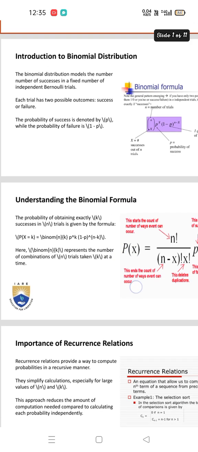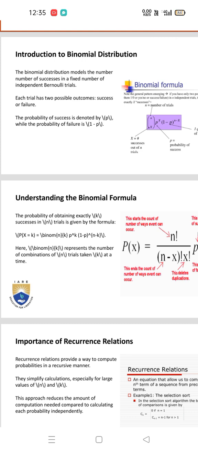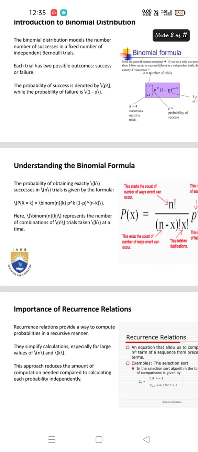Understanding the binomial formula, the probability of obtaining exactly k successes in n trials is given by P(X = k) = (n choose k) p^k (1 minus p)^(n minus k). Here the binomial coefficient represents the number of combinations of n trials taken k at a time.